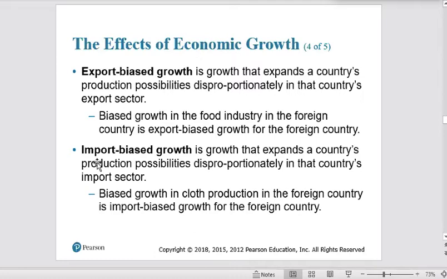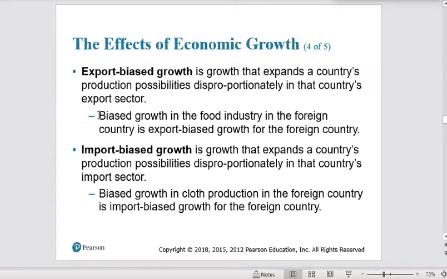And now we are looking at something different: export bias growth and import bias growth. They are different from the production bias because for production, we are looking at the increase in production of either good, and then we look at the analysis following that.